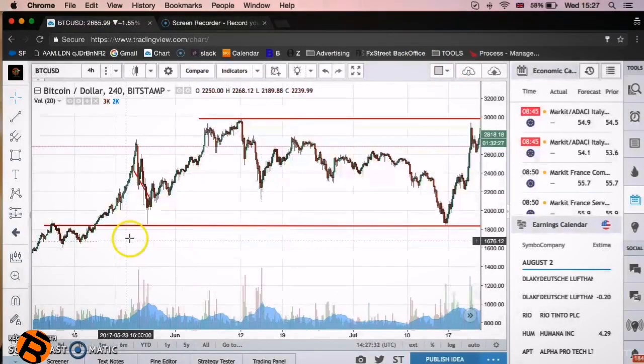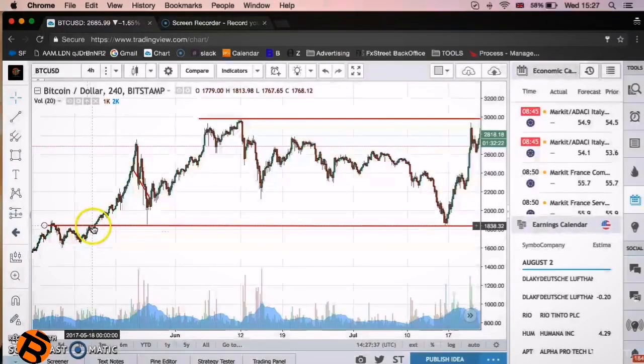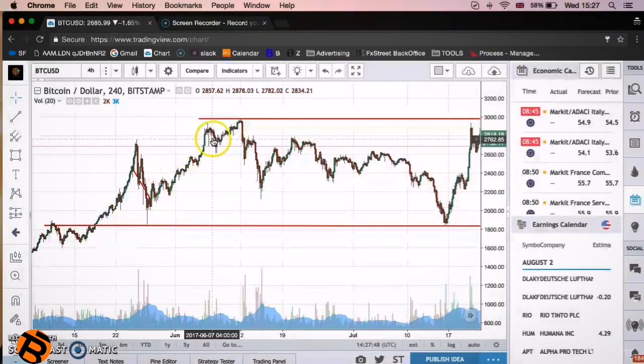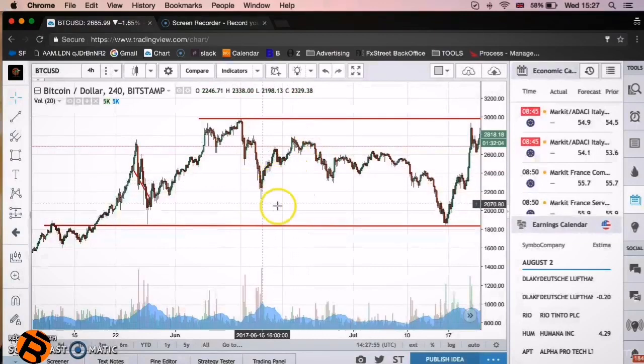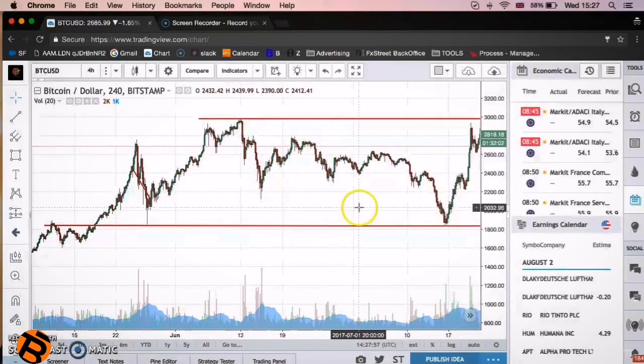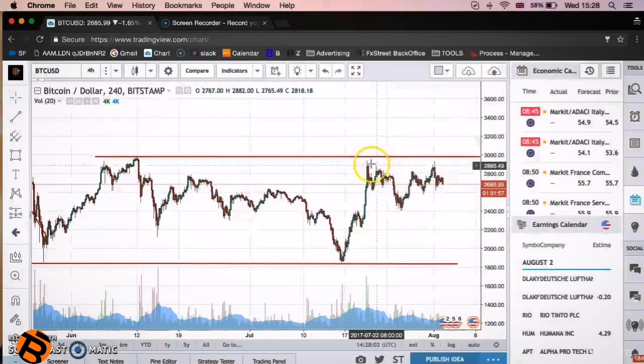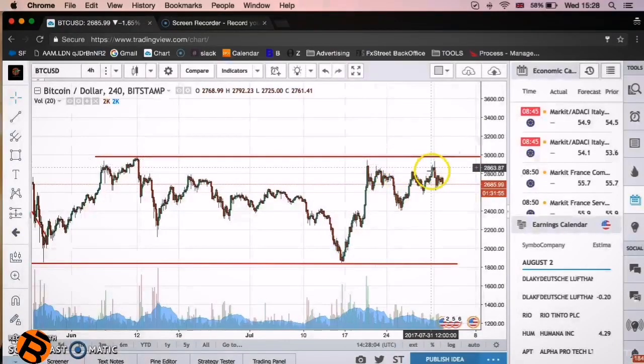The support level was touched one to three times here in the middle of May, and then we had a major correction which took place at the end of the month, and then the price skyrocketed up to almost the level of 3000. Then the price came down very close to this level again, and now it has retested this level one more time, and retested the resistance level a couple of times.